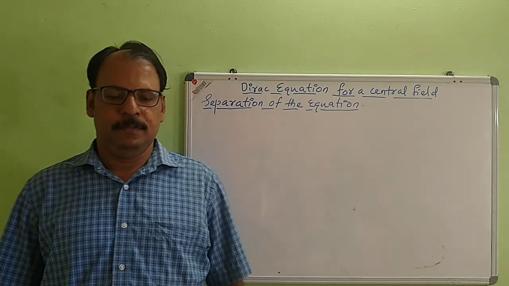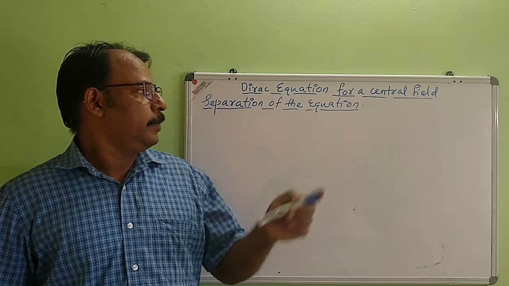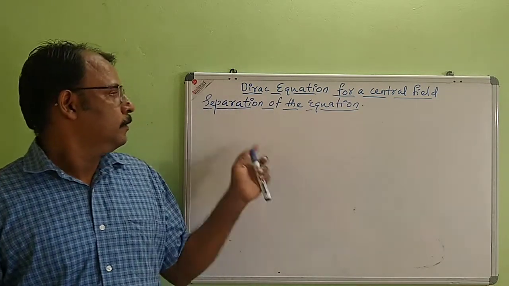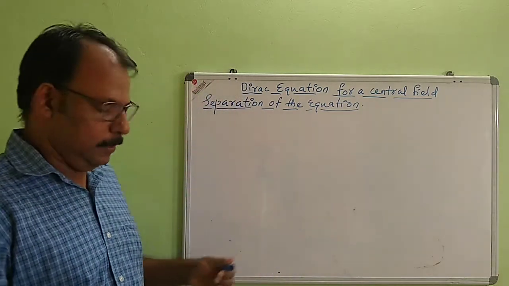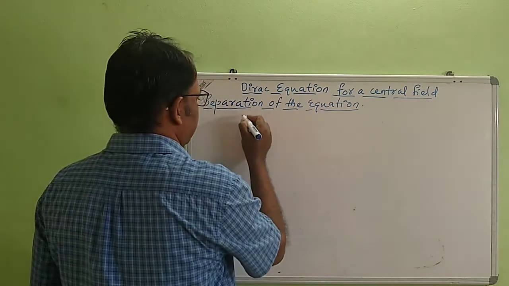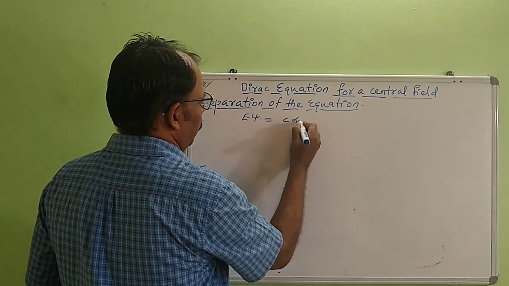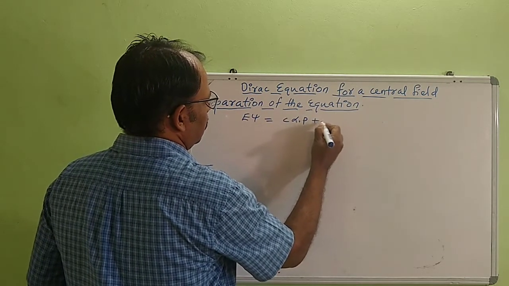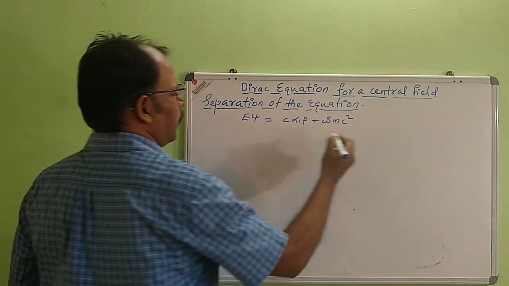Good morning. In this class we study the Dirac equation for a central field and separation of the equation. We know the Dirac relativistic wave equation as E psi equal to (C alpha dot P plus beta mc square) psi for a free particle.